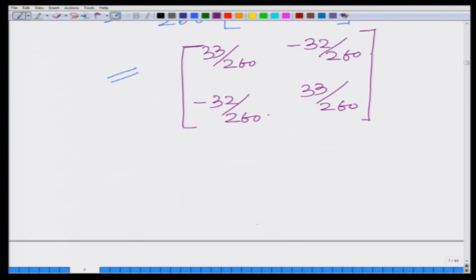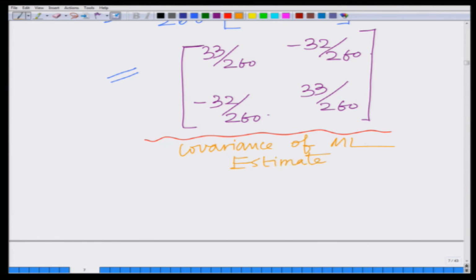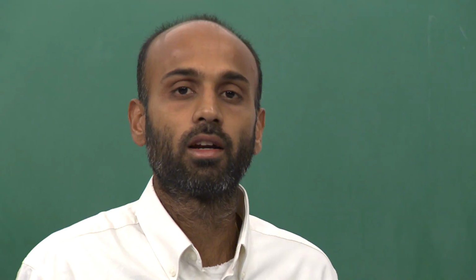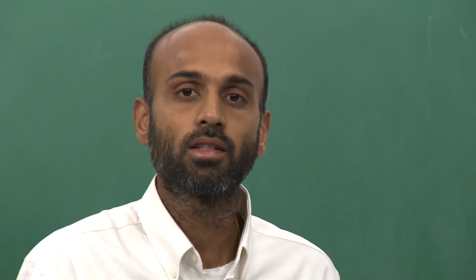What is this? This is the covariance matrix of the maximum likelihood estimate, which we have calculated as sigma square x transpose x inverse.